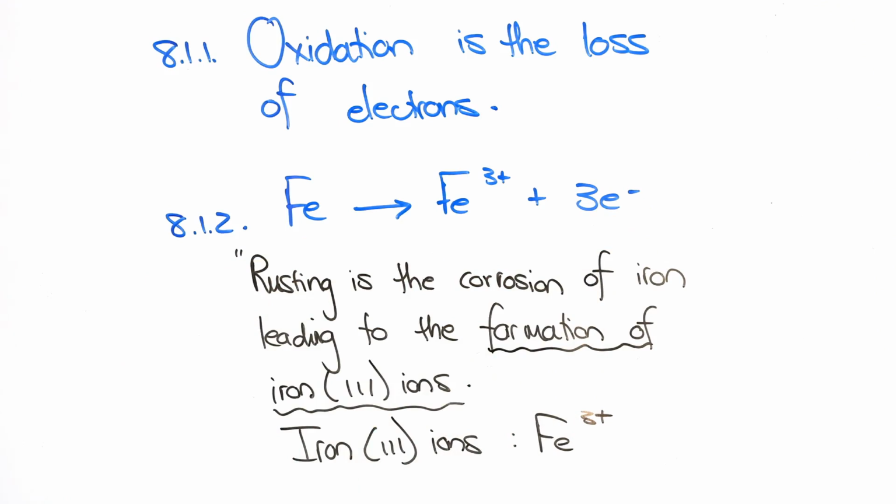When they say that rusting is the corrosion of iron leading to the formation of iron 3 ions, please remember that they are giving you the charge here. Iron 3 ions are actually Fe3 plus ions. So that is how I know that this is the half reaction and it's not the half reaction with iron forming Fe2 plus ions.